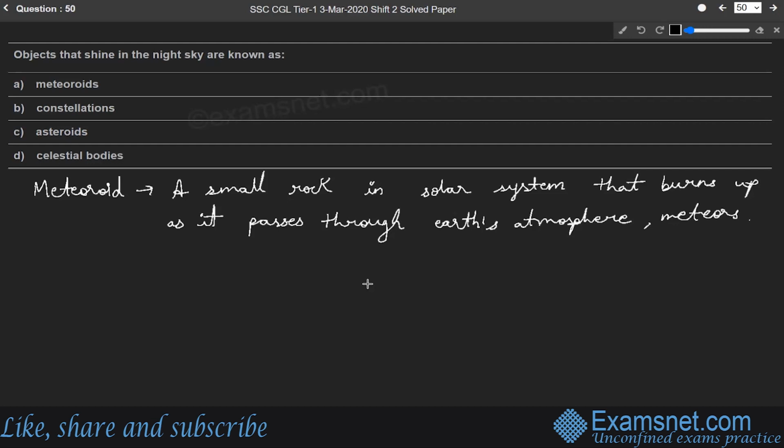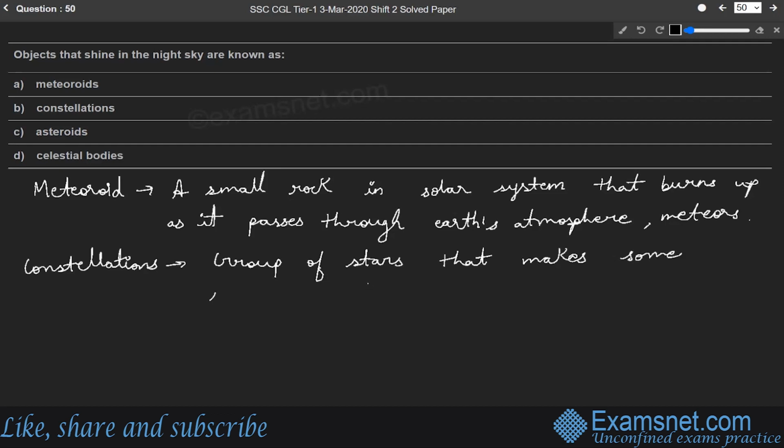The second option is constellations. What is a constellation? In simple words, a constellation is a group of stars that makes some shape or pattern in the sky.